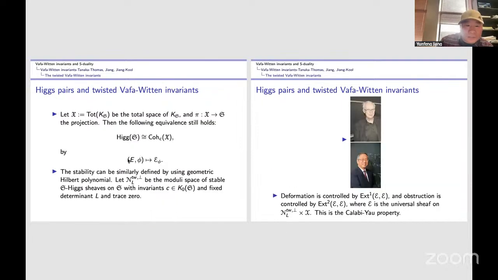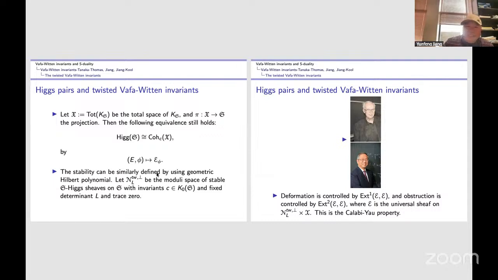If I consider the pairs (E, phi) as a Higgs pair, I can define the stability called pair stability, only considering the phi-invariant subsheaves of E to define stability. That means in this case there exist situations where E is not stable, not even semistable, but (E, phi) will be stable. So this kind of Higgs sheaf really happens on the monopole branch.